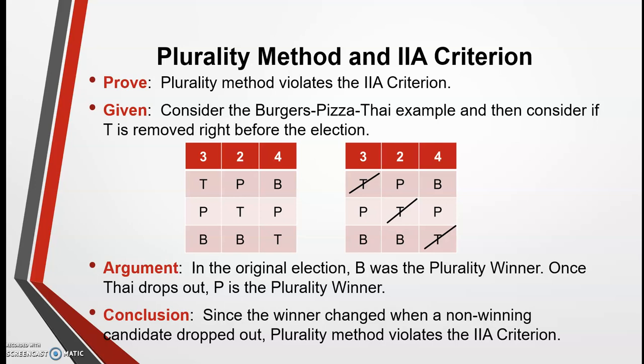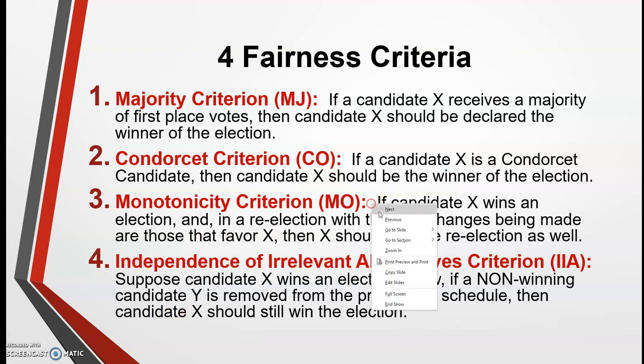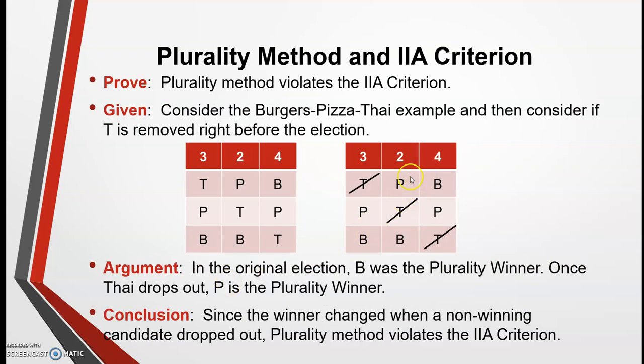But what if right before the election, tie is removed? Once tie is removed, notice now that P has these 3 votes and pizza has these 2 votes. So pizza will now have 5 votes and burgers will only have 4. As a result, pizza is now going to win the plurality method.